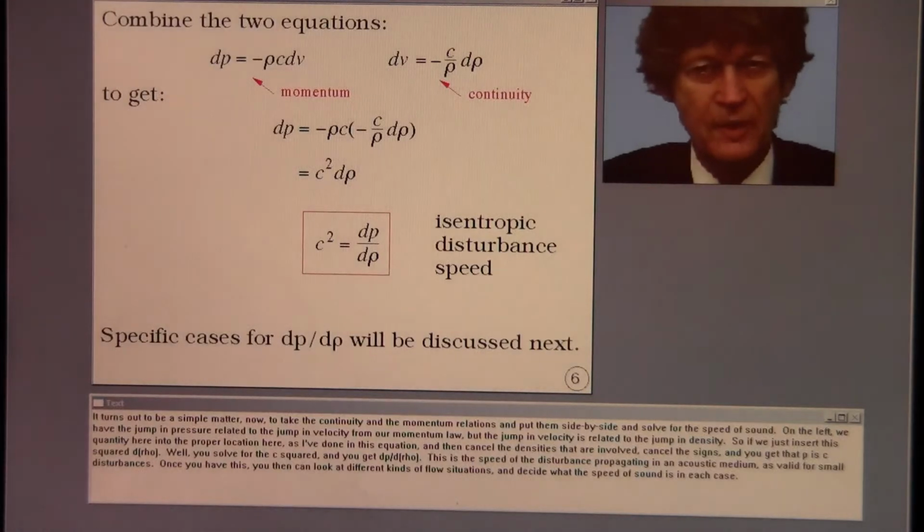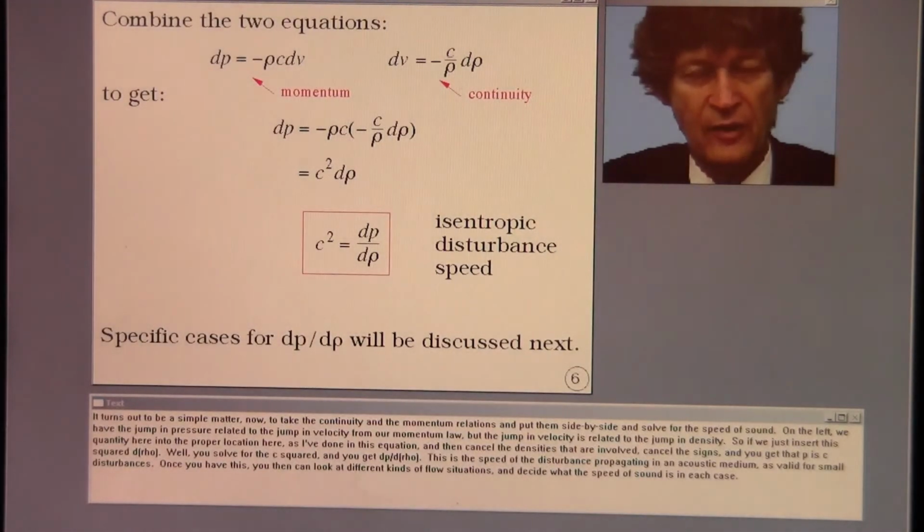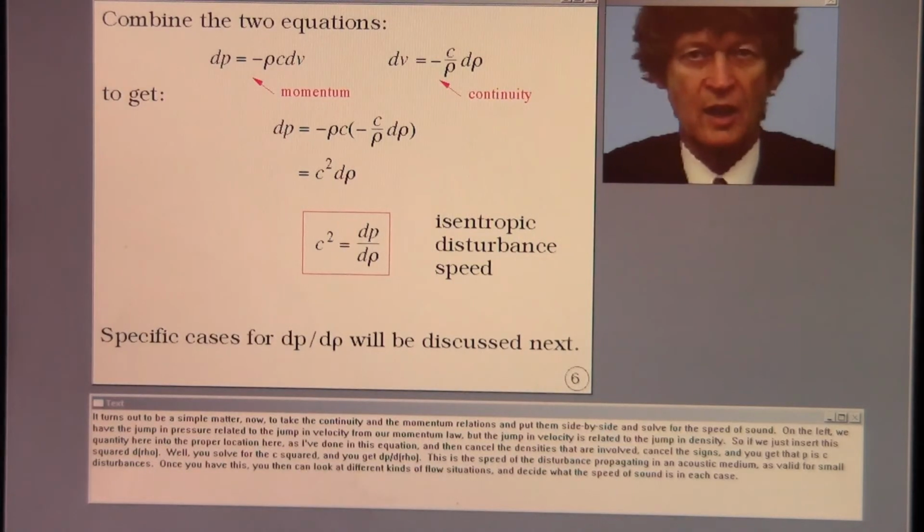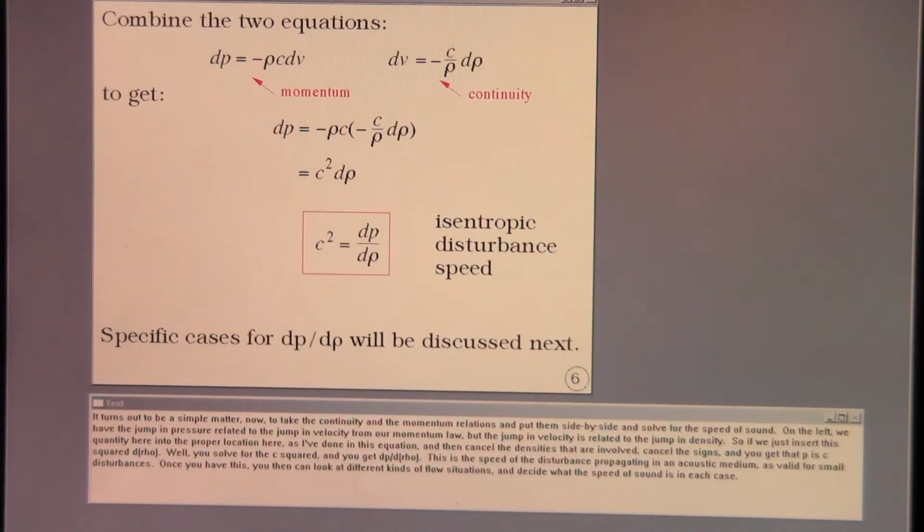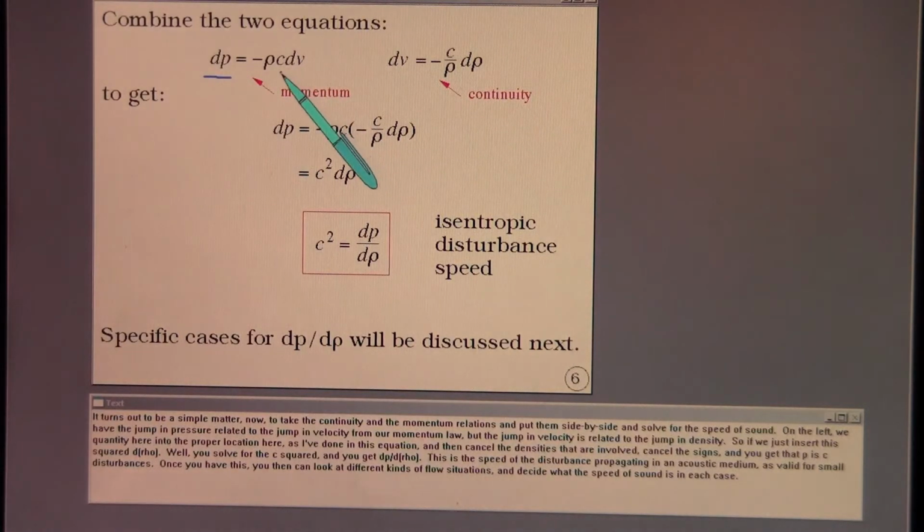It turns out to be a simple matter now to take the continuity and the momentum relations and put them side by side and solve for the speed of sound. On the left you have the jump in pressure related to the jump in velocity from our momentum law, but the jump in velocity is related to the jump in density.